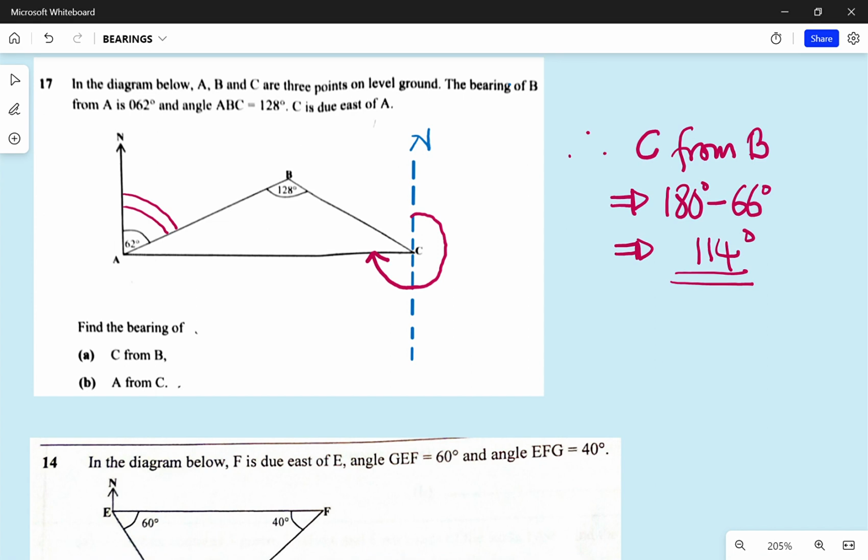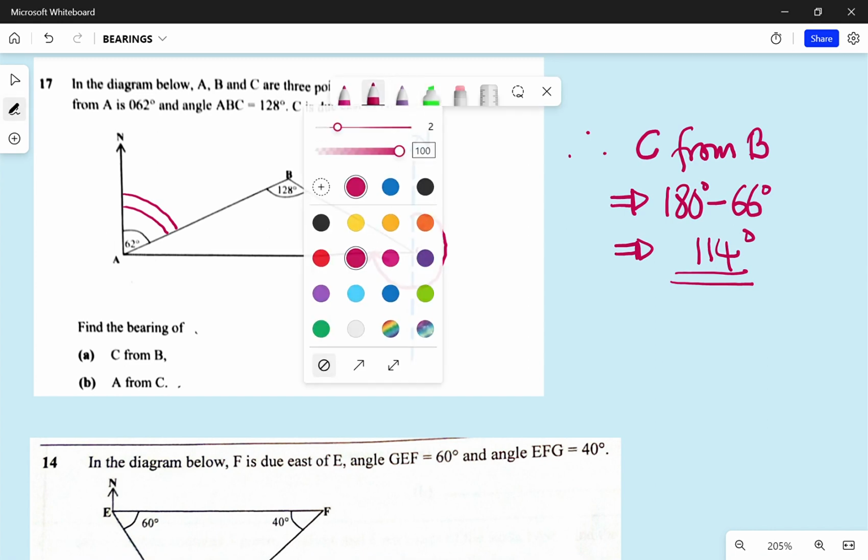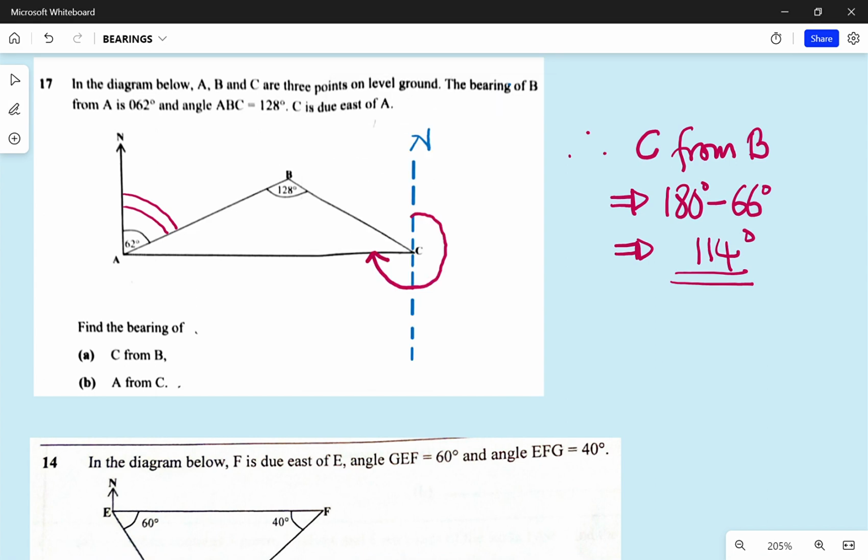So what would be the solution there? You discover that here we're going to say A from C is going to be 180 plus 180 degrees plus 90 degrees, which is going to give us 270 degrees.